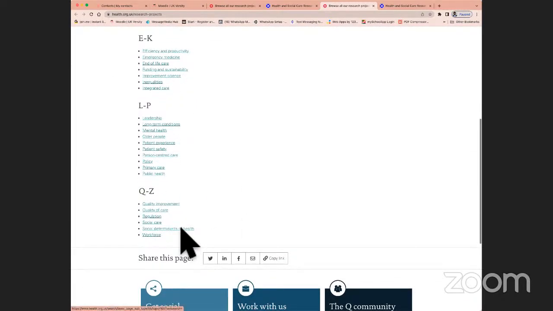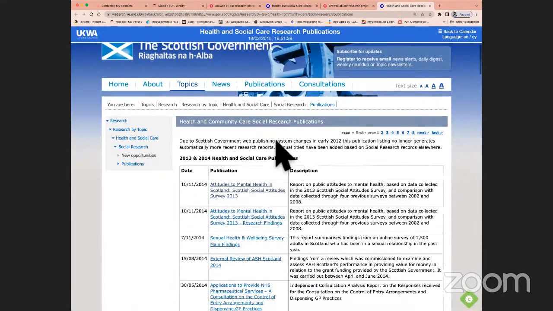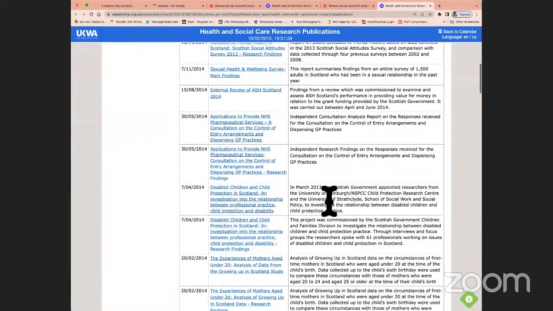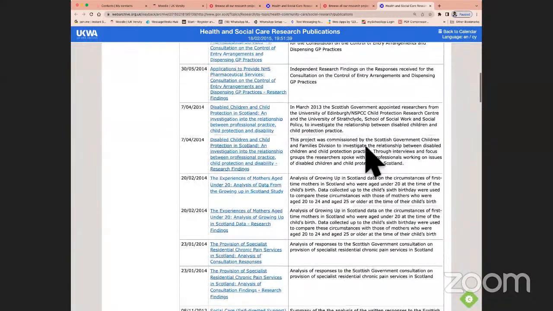You can choose any topic which is of your interest, or go to the NHS website where all the research reports are published by topics. Choose one that you feel is relevant to you, is an area of your interest, and download that report.